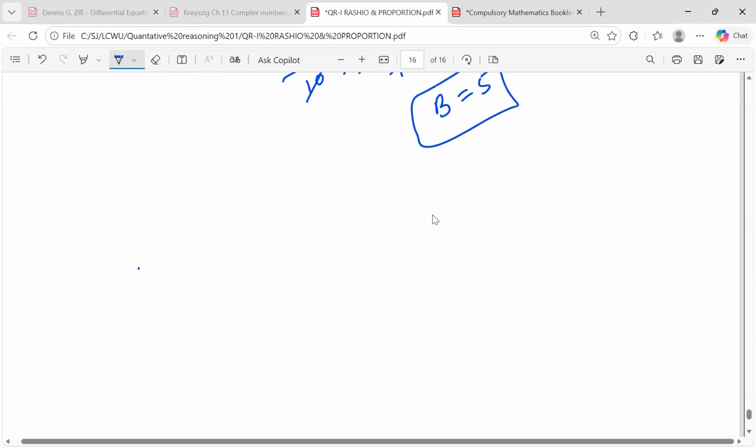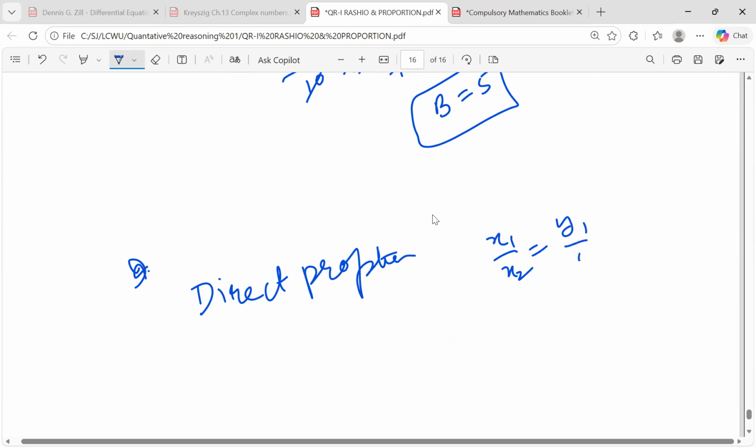The relationship for direct proportion is x1 over x2 equal to y1 over y2, or you can say x over y equal to a constant, or as in your book, y over x equals k, a constant.